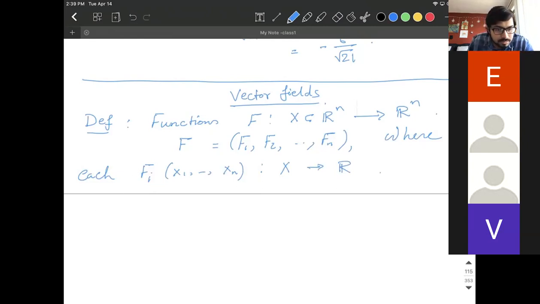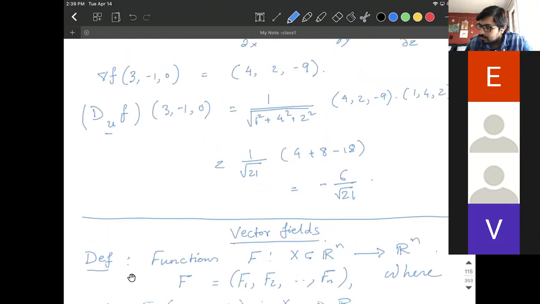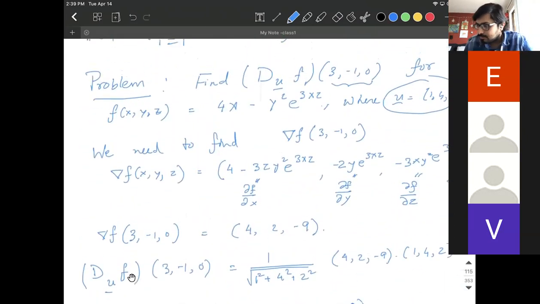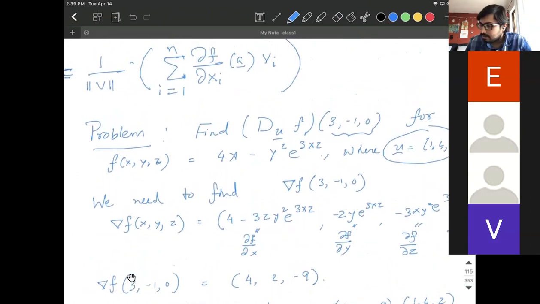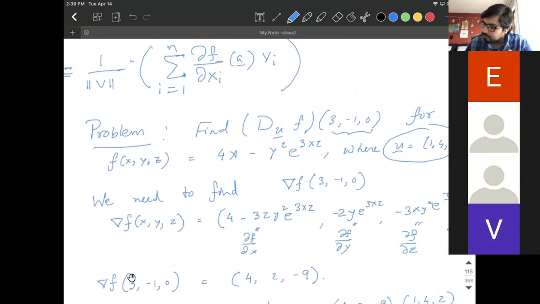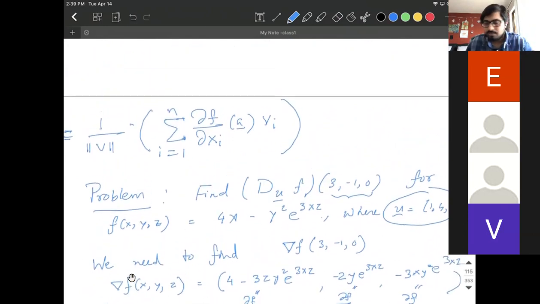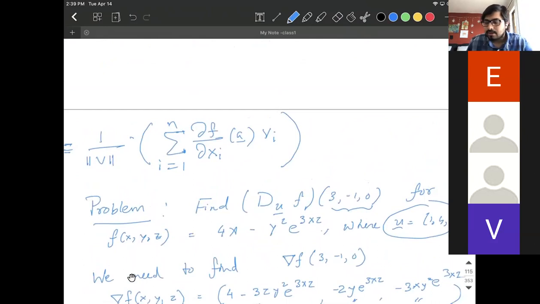Some question, could you explain what the negative sign is supposed to mean? Yeah, so 6 over root 21, this number is the value, and the negative describes the rate of change of this function f, which is the scalar field, in the direction of the vector u. So whenever you find any kind of derivative, it's the rate of change of something, or rate of decay, or rate of increase, whatever the case might be.